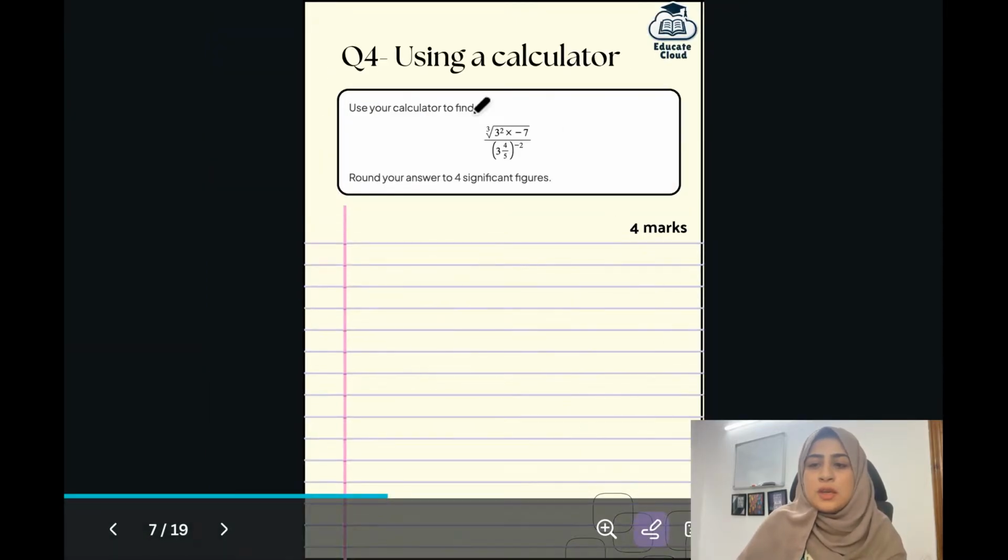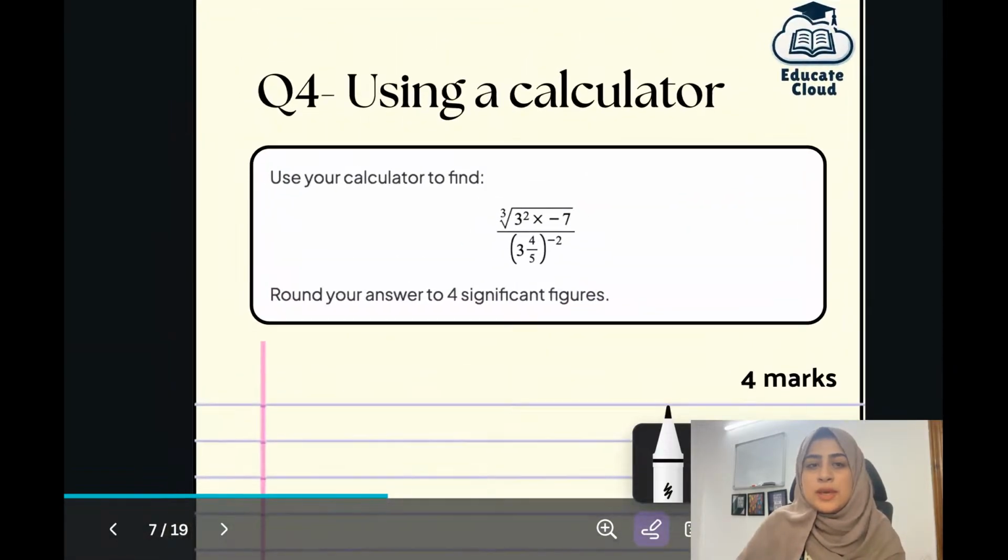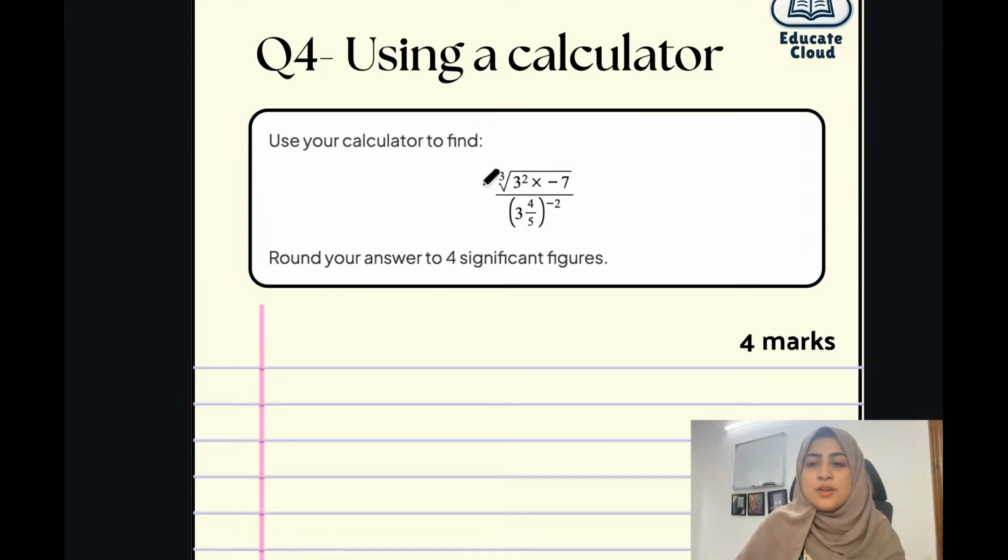Next question, using a calculator. This one's a bit hard to show you online, but I will still try using the Desmos calculator. If you guys can also try this as well, go onto the Desmos Scientific Calculator.